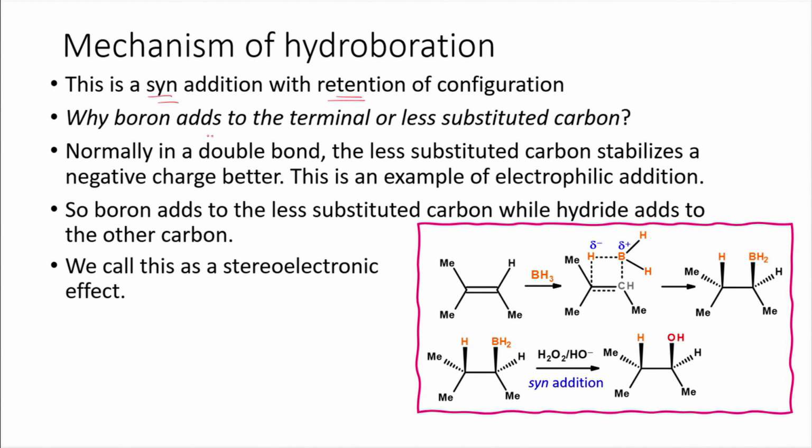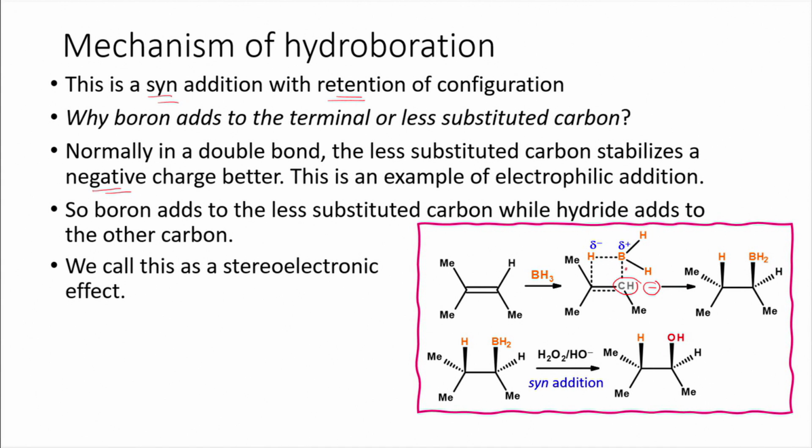Now, we will once again ask the question, why does boron add to the terminal or the less substituted carbon atom? The reason is, normally in a double bond, as I mentioned, the less substituted carbon can stabilize the negative charge better. In other words, this particular carbon can have a negative charge more easily, and boron, being the electrophilic end, attaches itself to the nucleophilic part of the double bond.